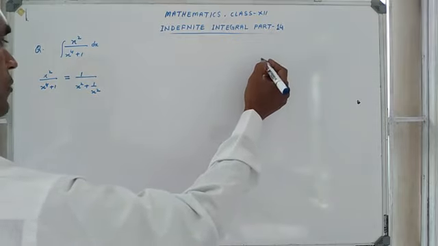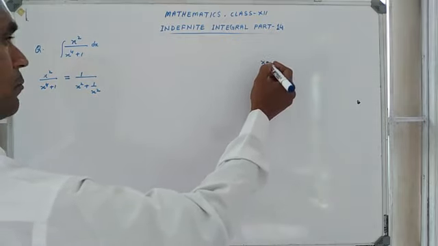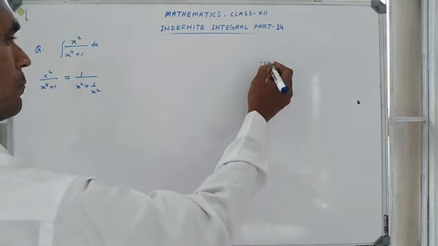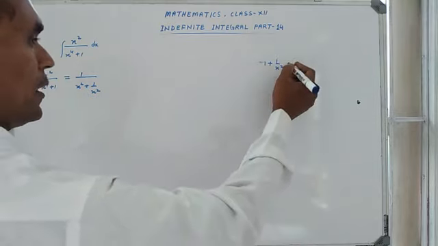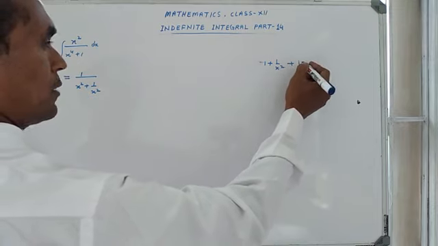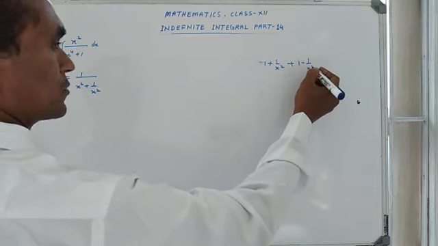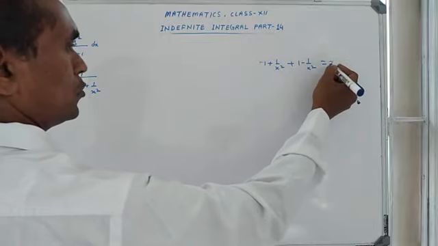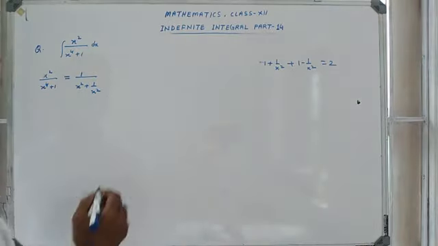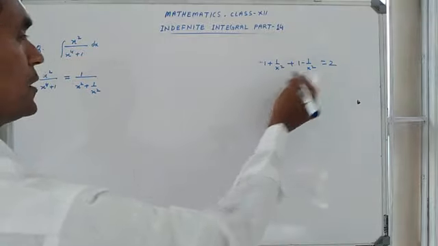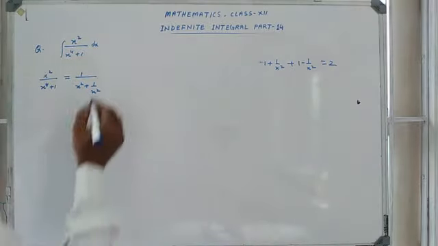For that, 1 plus 1 by x square and plus 1 minus 1 by x square is equal to 2. So 1 can be written in the form of this divided by 2.